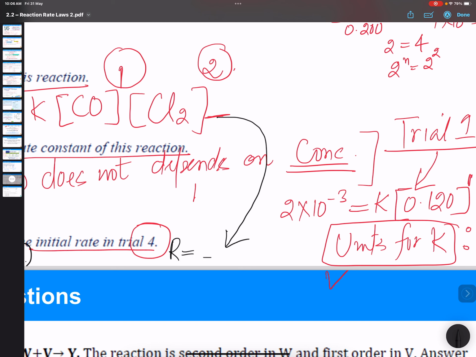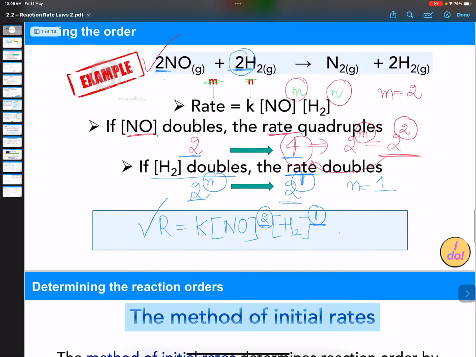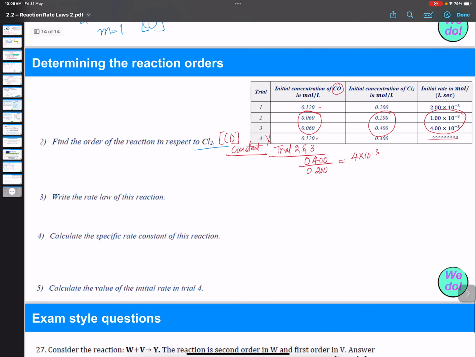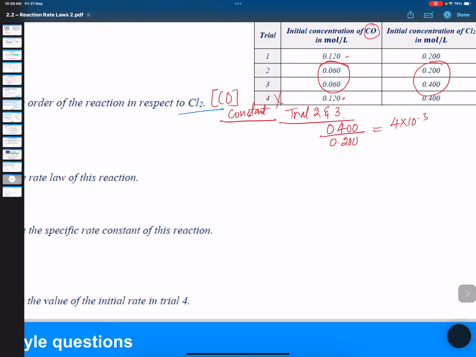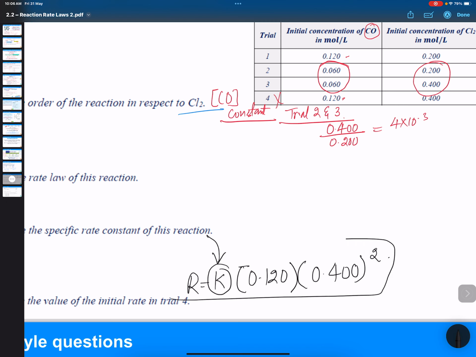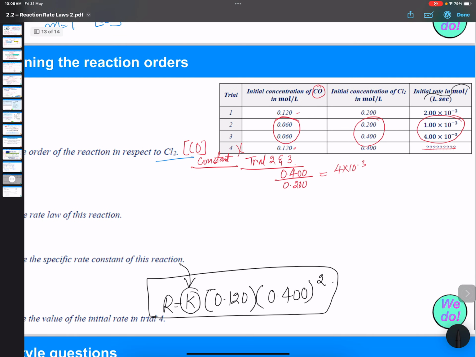You don't know the rate, so substitute the value of K. So rate is equal to K. You have got the value of K from the previous question. Then you substitute the concentration of CO and concentration of Cl2 raised power 2. Then you can find the value of rate, and the units are already given, so you will put these units here.